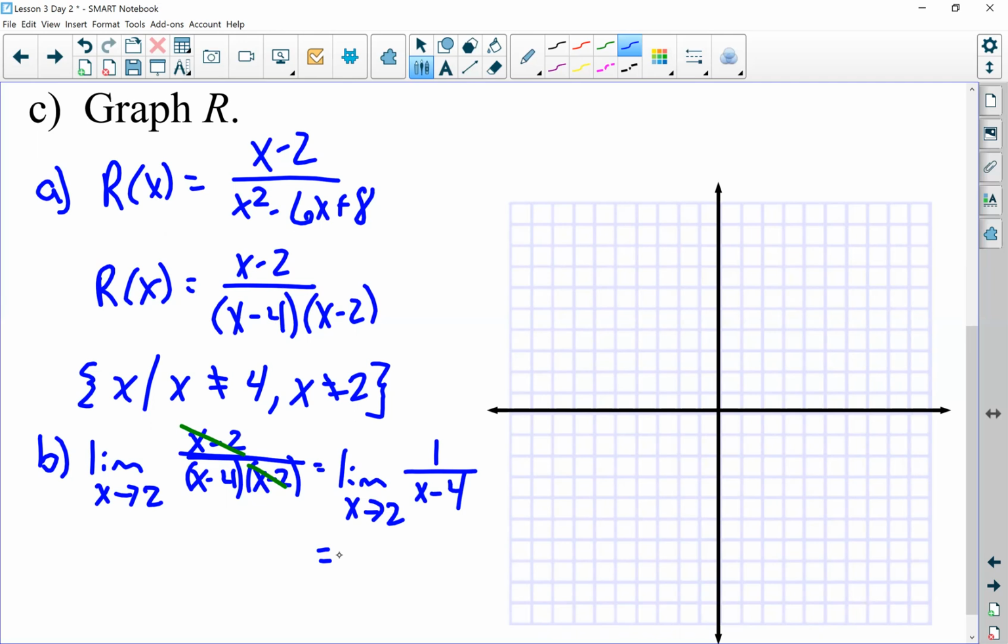And so if I just plug the 2 in, this would be like 1 over 2 minus 4, which would be -1/2.